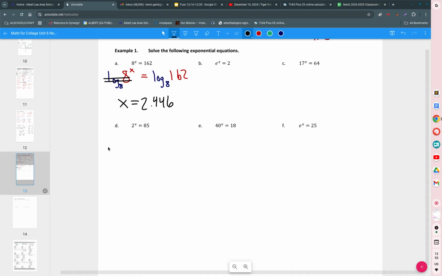The next one, e to some power is equal to 2. I want e to go away. If I want e to go away, I don't subtract e, I don't multiply by e, I don't divide by e. I have to do the natural log of both sides.